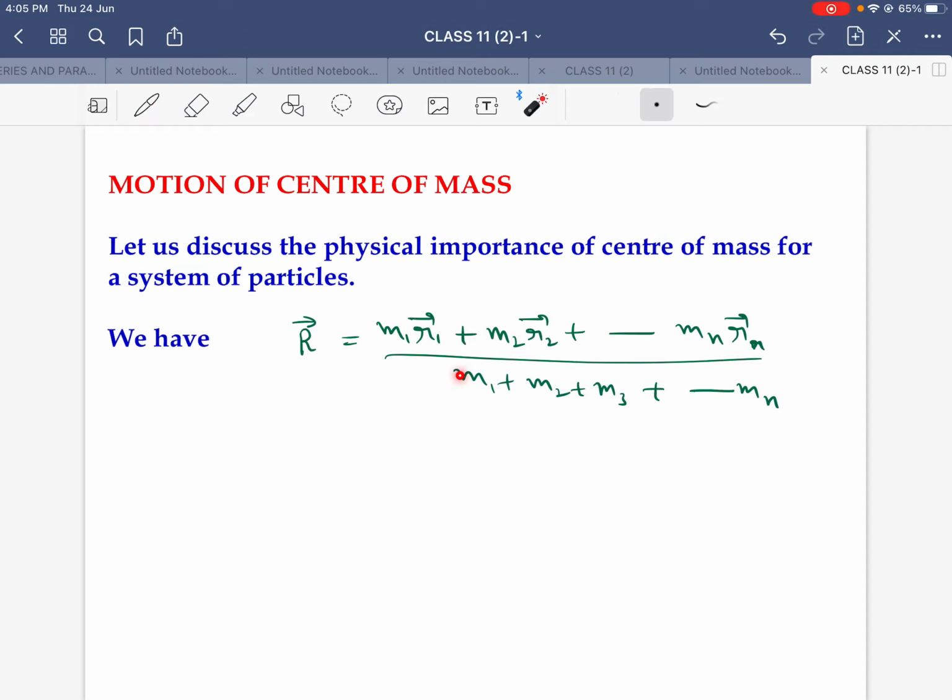This represents the total mass of the system, so we can replace it by M.